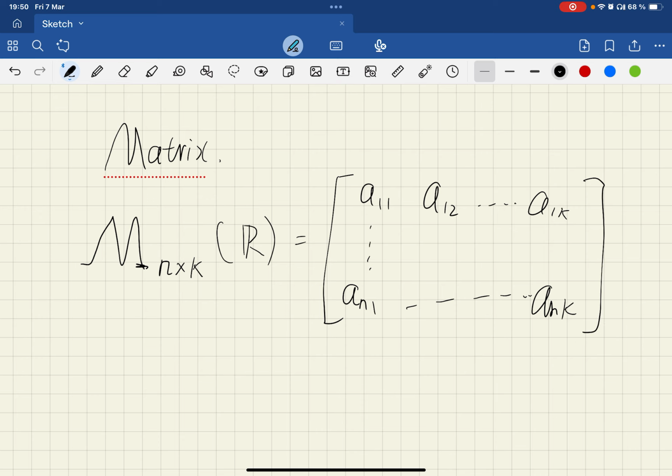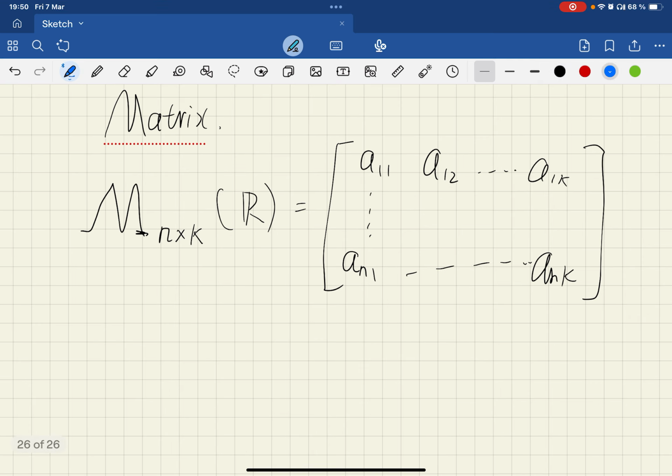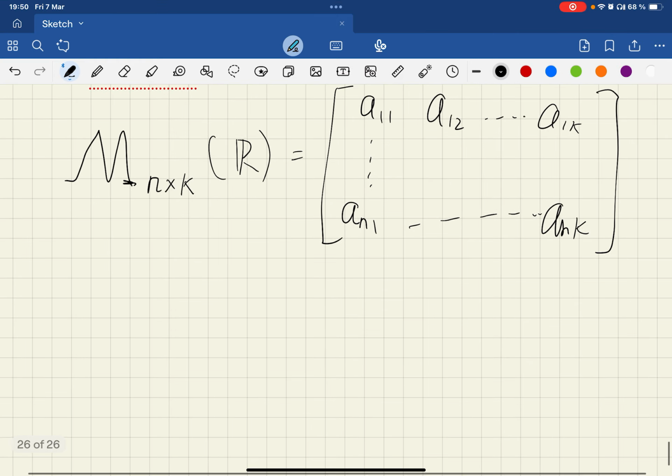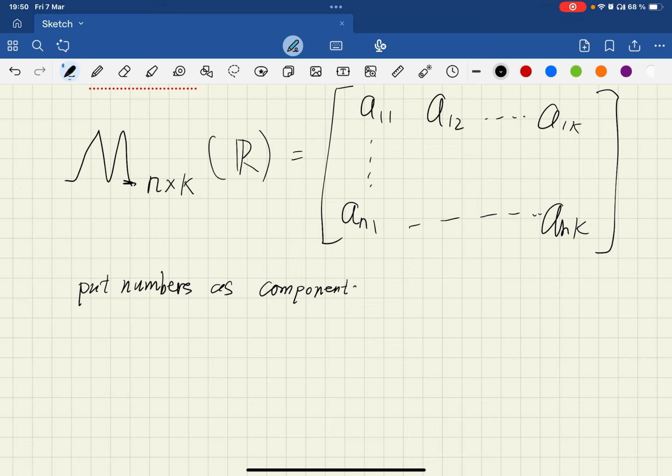So don't be shocked by the expression of matrices. We're going to crack them one by one. It is where you put numbers as components of vectors.